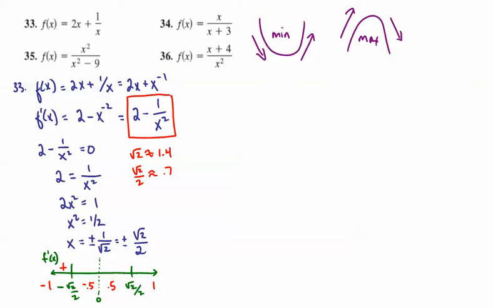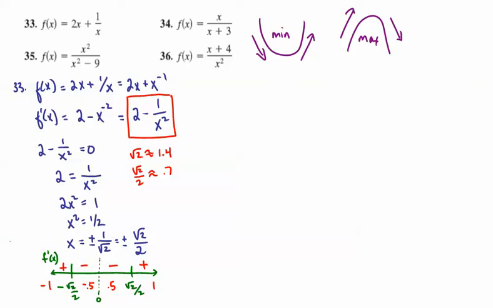Negative 0.5, negative 1/2, we square that, we'll get 1/4. 1 over 1/4 is 4, 2 minus 4 is going to be negative. And the same thing will happen with 0.5 positive. We will get 2 minus 4, which is negative. Plugging in 1, again, is positive.